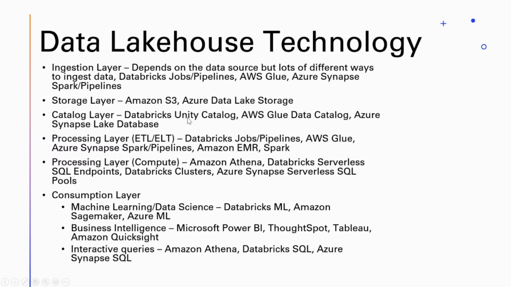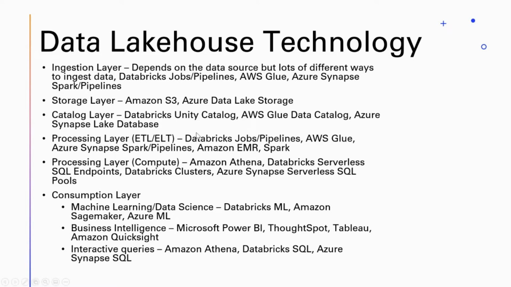Then you've got your catalog layer, which has Databricks Unity Catalog, AWS Glue Data Catalog, and also the Azure Synapse Lake Database. As I mentioned, you've got the processing layer, which can be split up into two. So you've got your ETL or your ELT layer, and this is all about moving the data between the different areas on the storage layer.